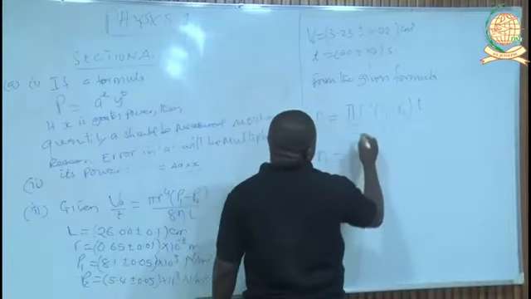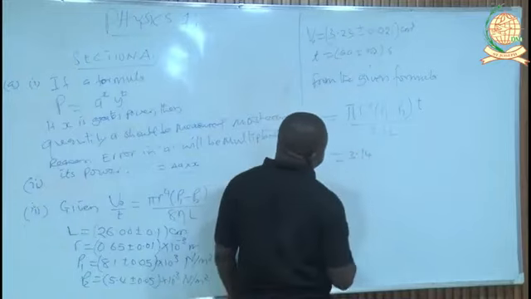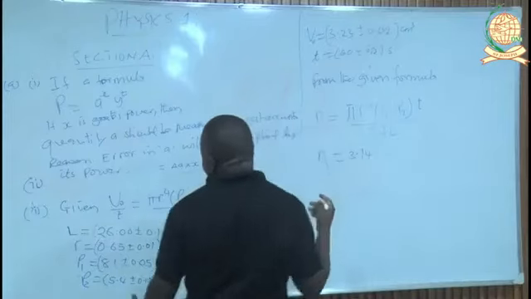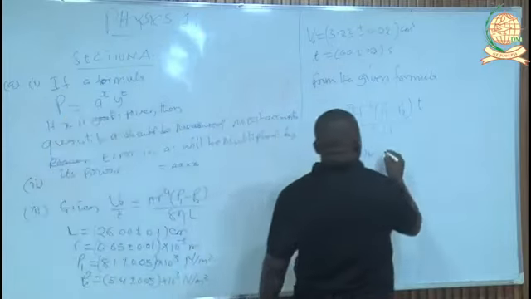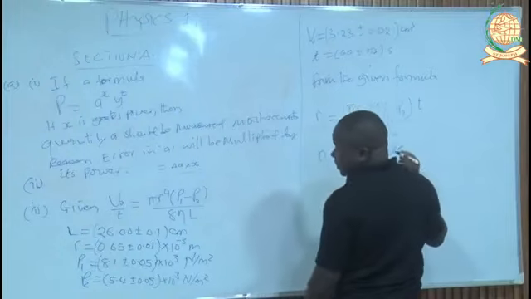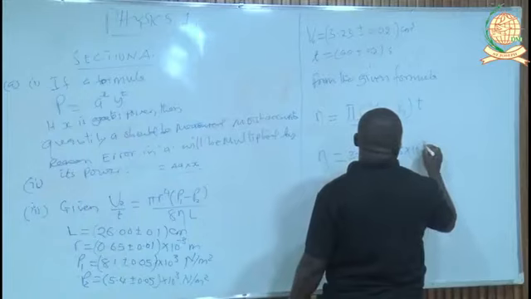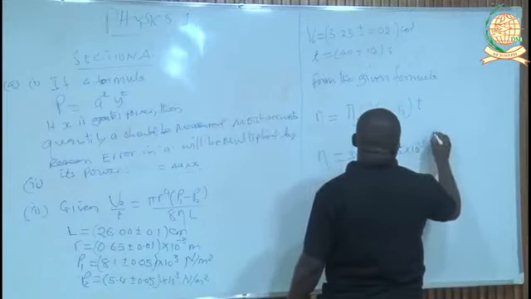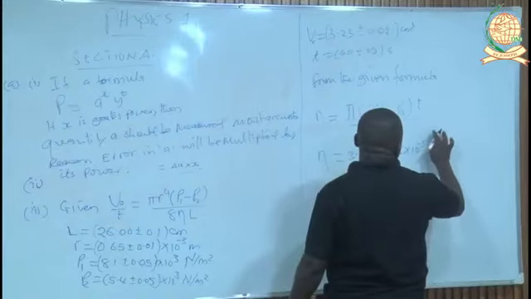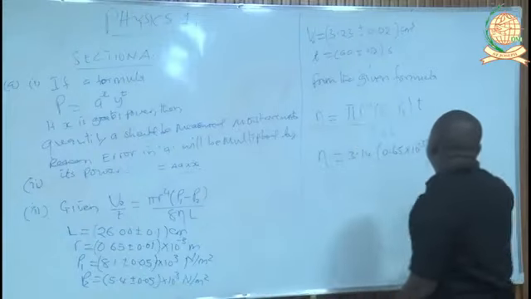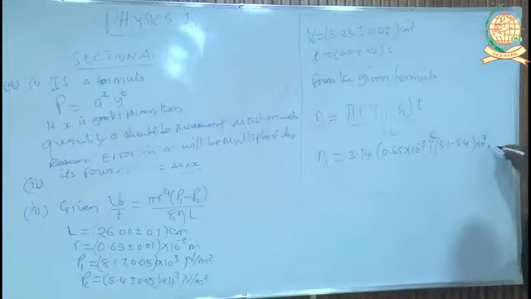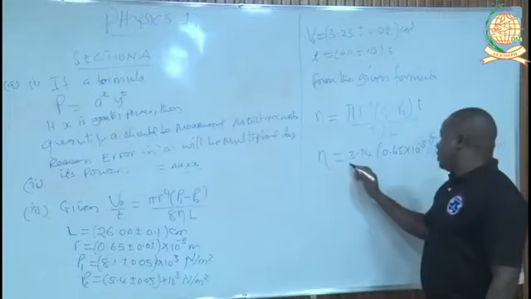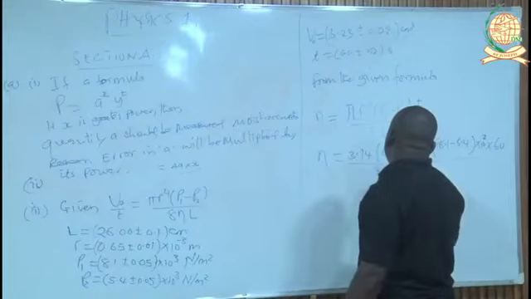Pi is given as 3.14. R is 0.65 times 10 to the power negative 3, to the power 4. The pressure is 8.1 minus 5.4 times 10 to the power 3, and the time given is 60 seconds, over 8 times volume.